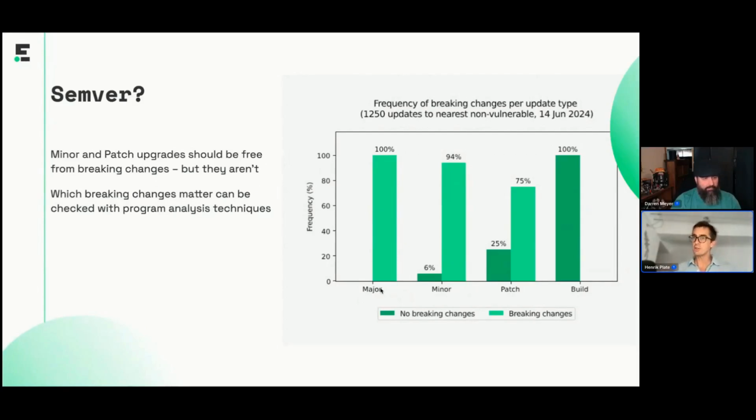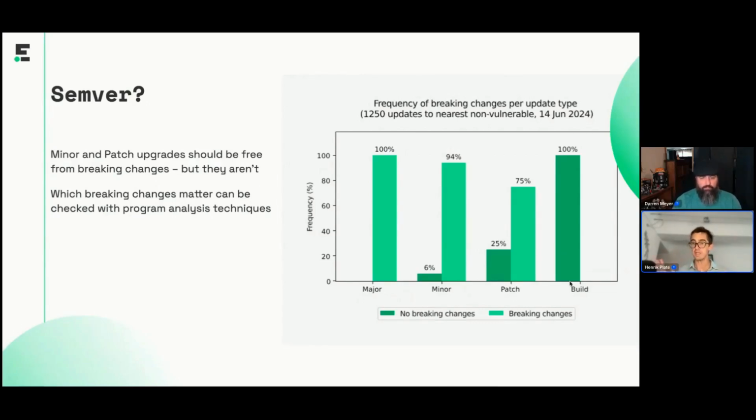You increase the major version identifier to convey the information there is a breaking change. And on the right-hand side of this bar chart, you see that in 100% of the updates where the build version element is changed, there are no breaking changes, which is also again in line with the ideas of SemVer.